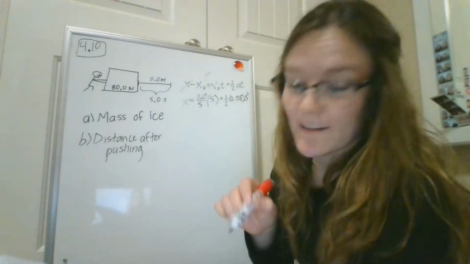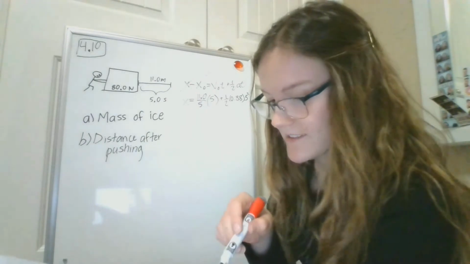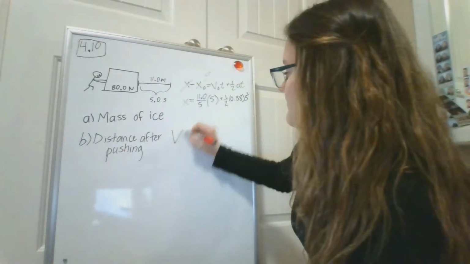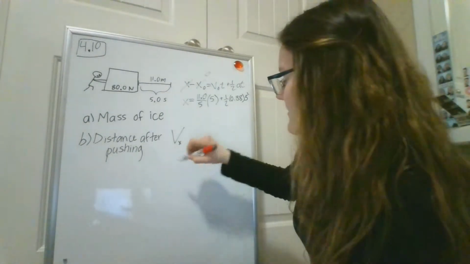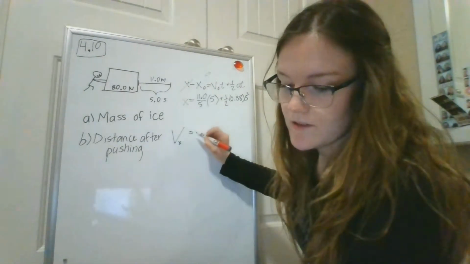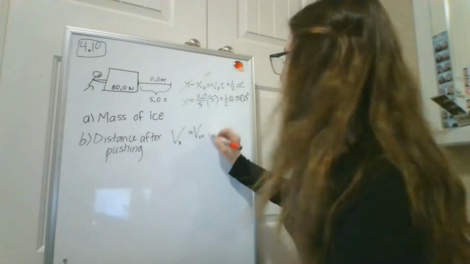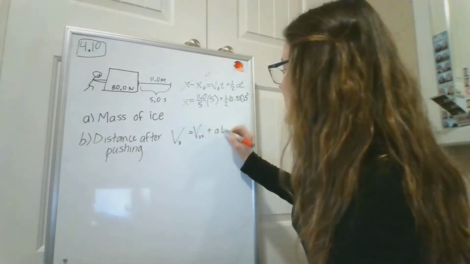Let me just show you what I have written down here, because that got me the right answer. So we have the velocity that it's going to be traveling. That's going to be equal to the initial velocity plus the acceleration times the time.